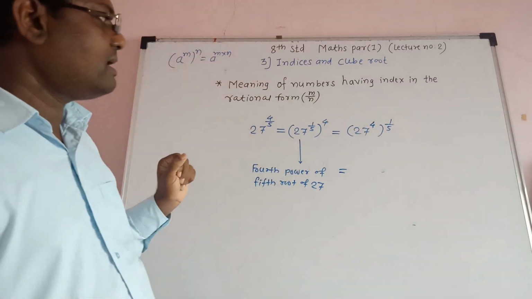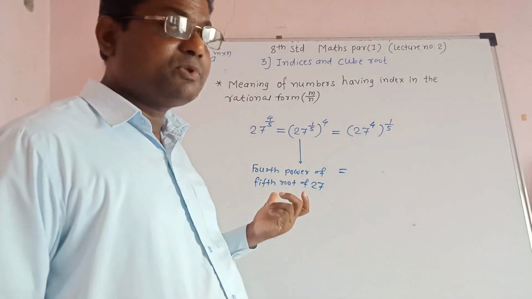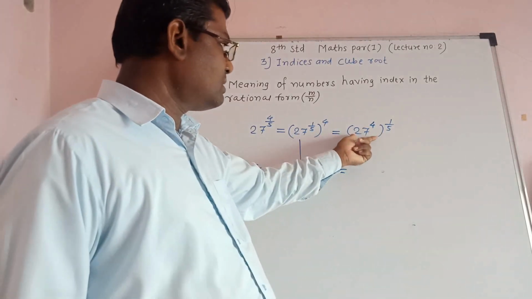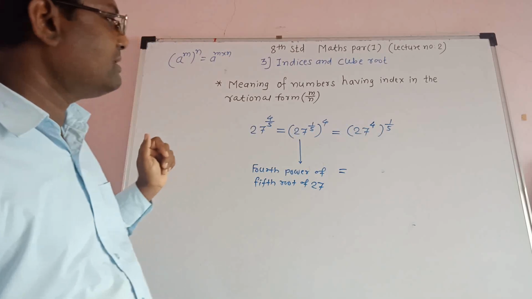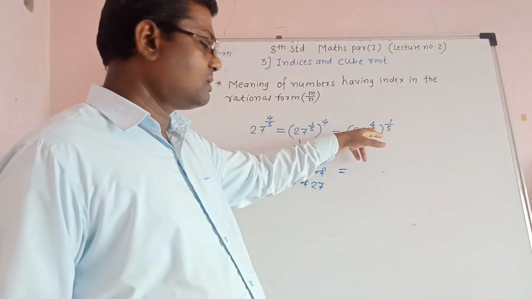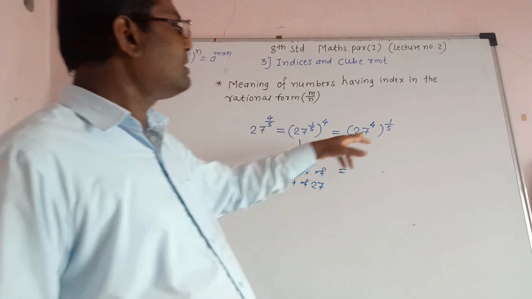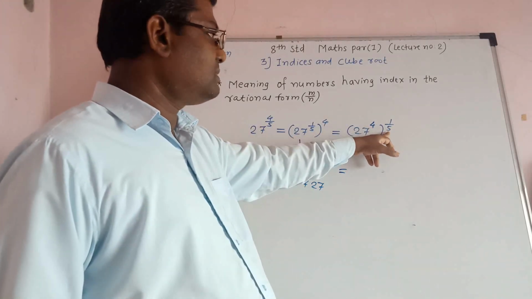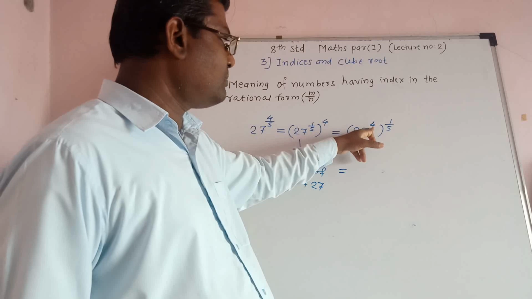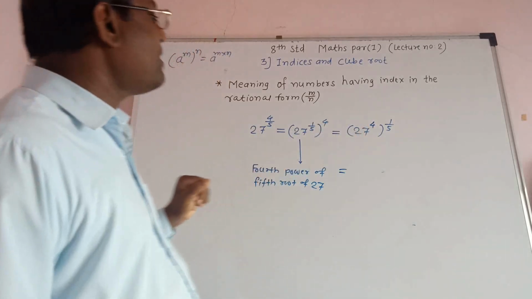1 upon 5 indicates fifth root. Whose fifth root? This bracket's fifth root. What is in that bracket? Fourth power. Whose fourth power? 27. So we read the fifth root of fourth power of 27.